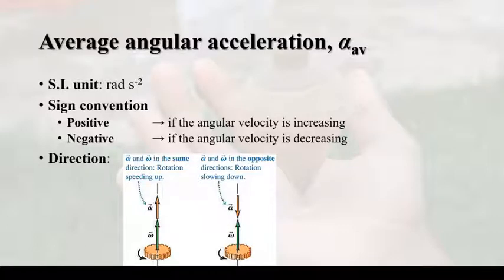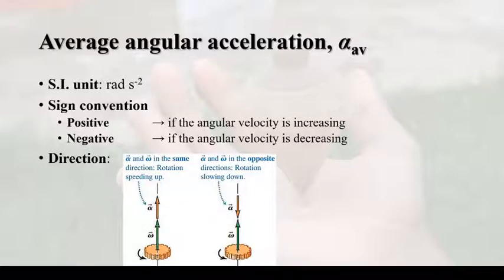Let's talk about the directions. You are not going to determine the direction using the right-hand rule anymore. You look at whether it is a positive or a negative value. If it is a positive value, it has the same direction as the angular velocity.